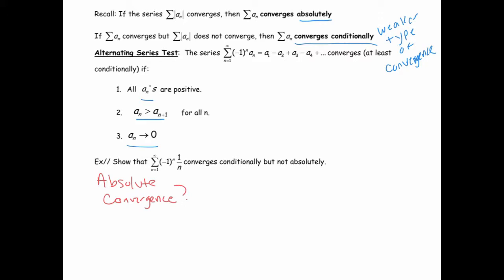Well, the absolute value of that term is that guy. But that's familiar. That's the harmonic series, which we know diverges. All right, so it does not converge absolutely. So let's check conditional convergence.